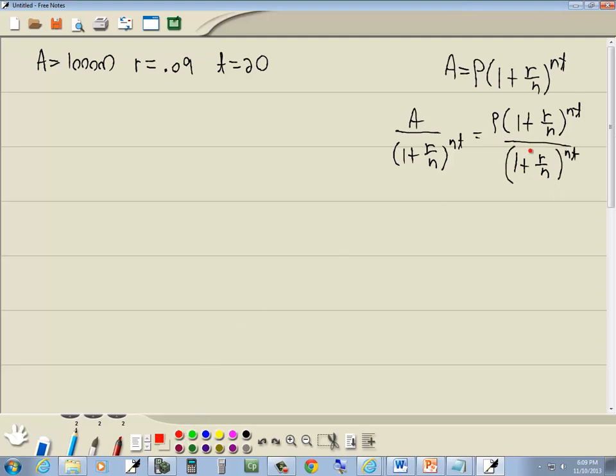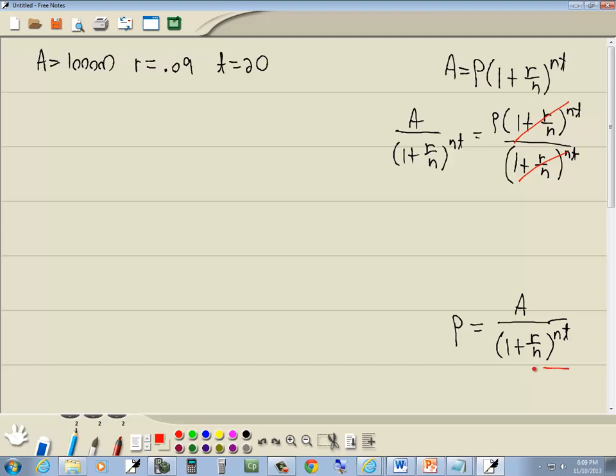When I do that, these 1 plus R over N to the NT powers cancel, and we get P is equal to A over 1 plus R over N to the NT power.